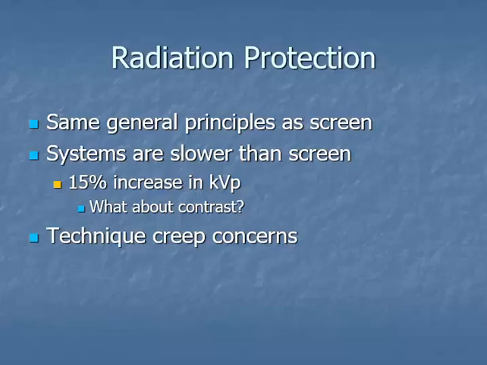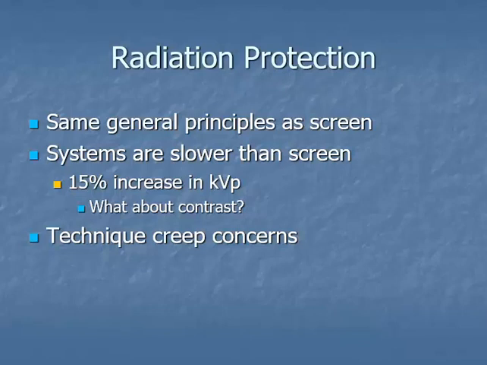So radiation protection, really the general principles haven't changed over the years. And CR systems, consider that our screens or our imaging plates are slower than what they were in screens of films. So we used to increase kVp.